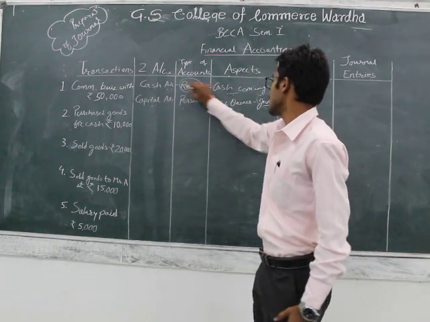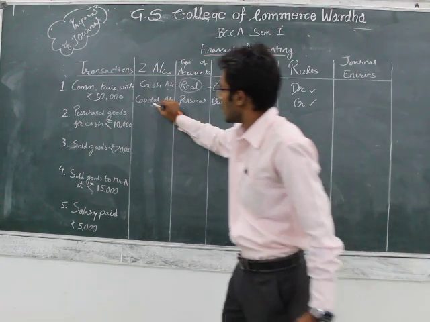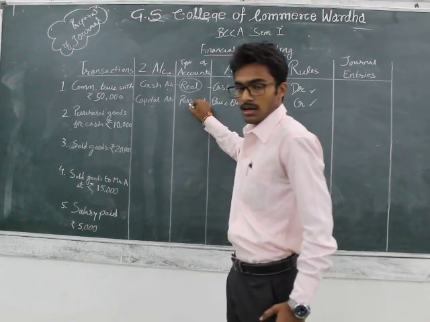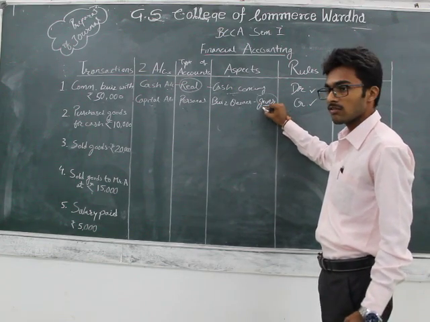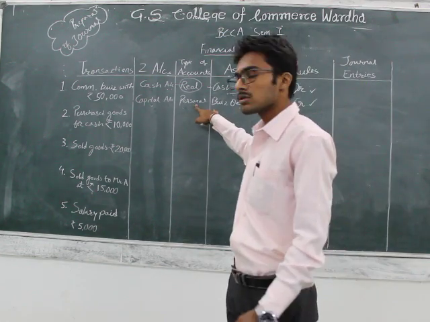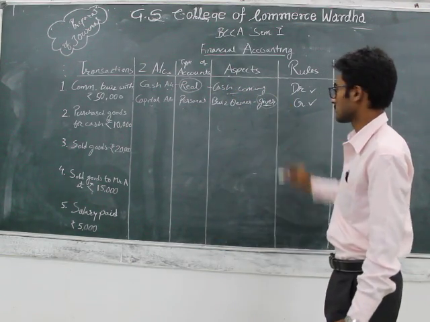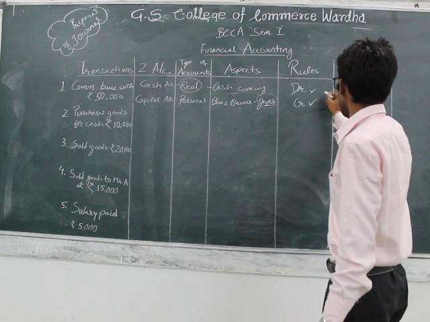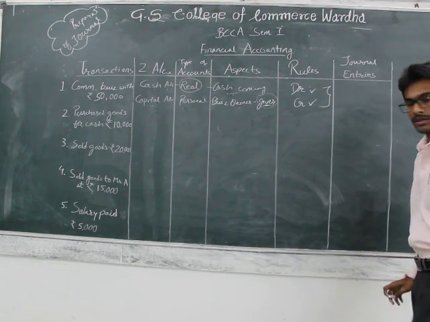Again, cash, real account, coming in, debit what comes in, so it is debited. Capital account, personal account, the business owner's account, the business owner is the giver. The personal account's rule says debit the receiver, credit the giver. Clear? From this we will make our journal entry.